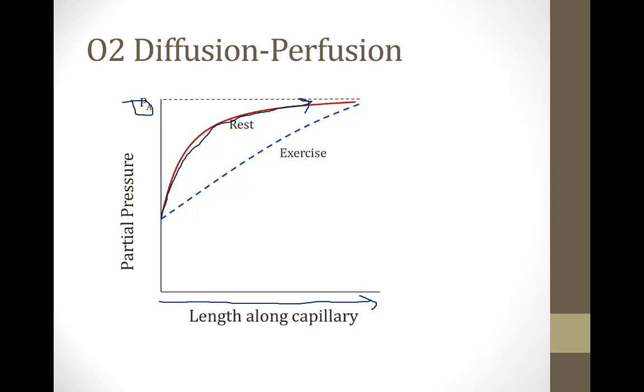This means the blood is able to get further along the capillary before it reaches the maximum value. However, you should note that it does still reach the maximum value even in patients who are exercising. And so you should know that exercise alone should not make someone hypoxemic. Some patients with lung disease do get hypoxemic when they exercise, but it's not just because of the exercise, it's because they have a problem with their lungs.